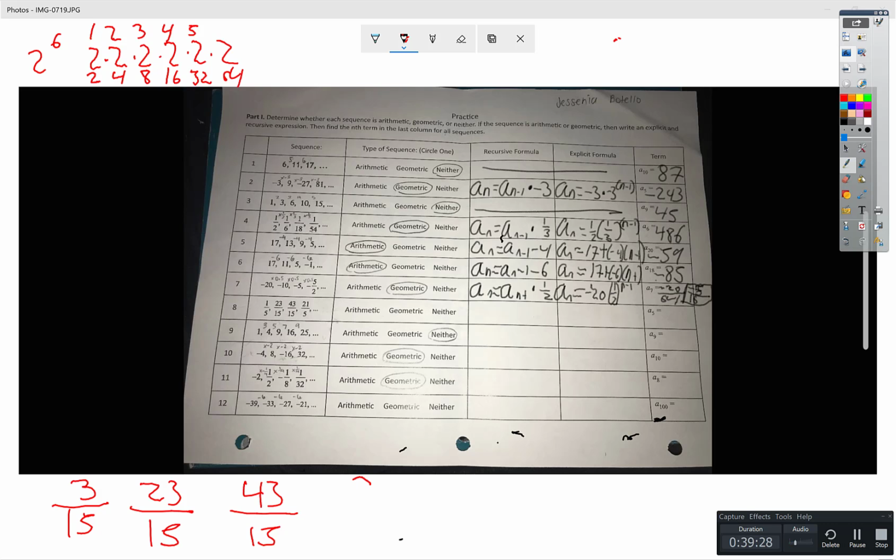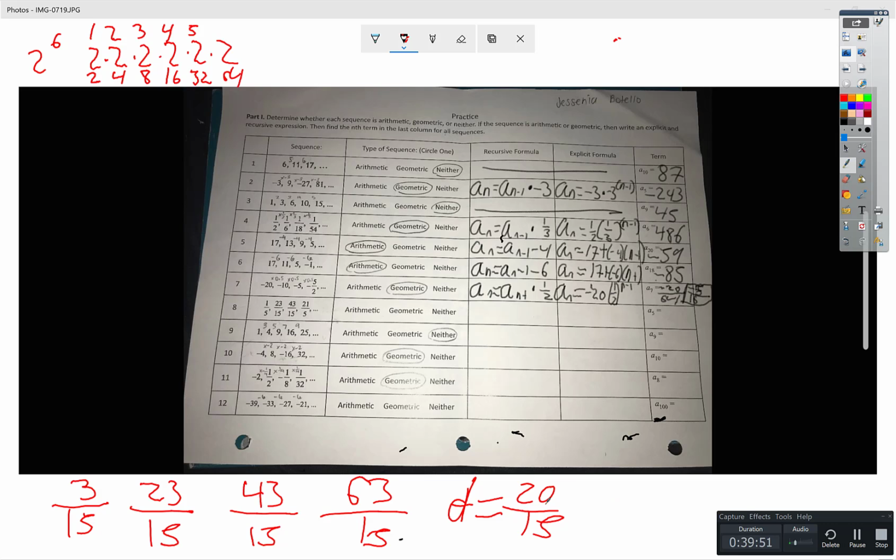So then you have 63/15 for the fourth term. So if you see something, you're adding 20/15 each time. So the common difference is equal to 20/15. You actually just kind of have to see that.